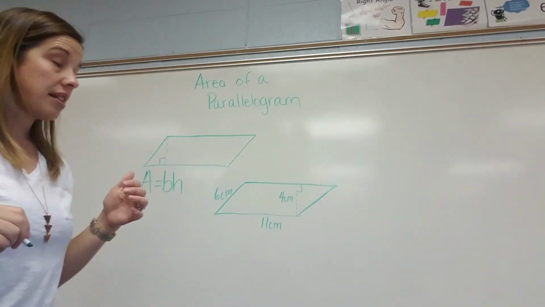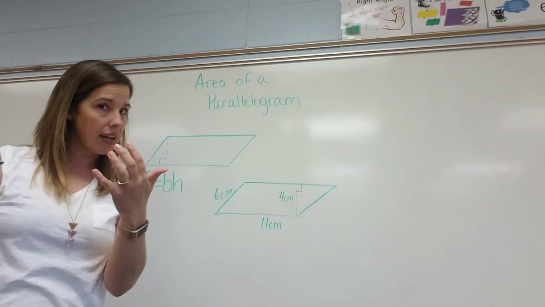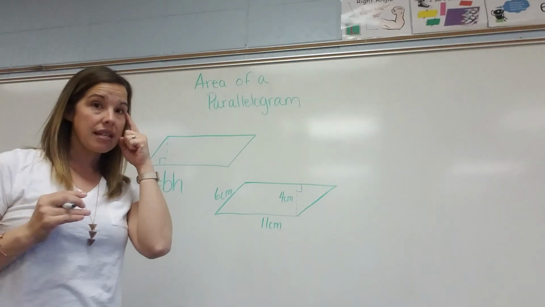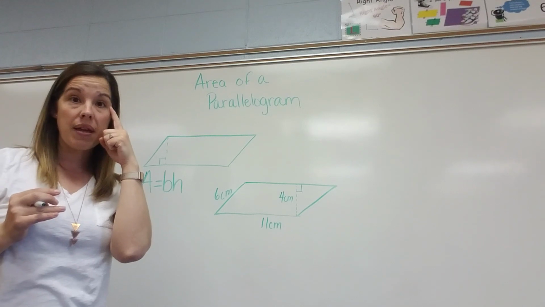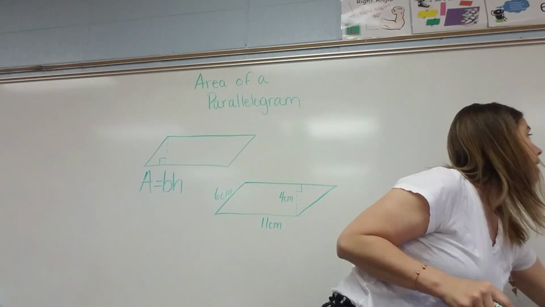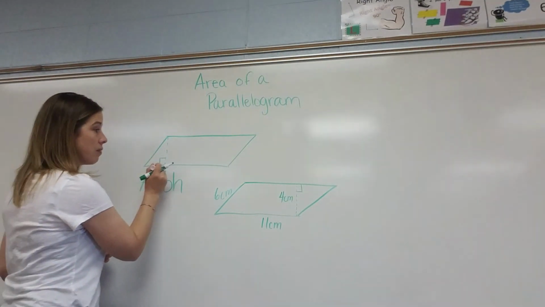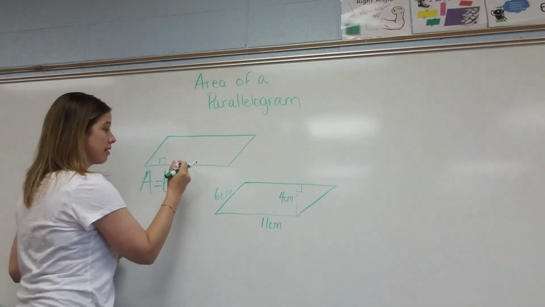Now, this is a little different than a rectangle because your height, like a rectangle, okay? Remember what I said yesterday. Your height intersects your base at a 90-degree angle, okay? So if you look at this first parallelogram, okay, here is your width, or your base, okay?